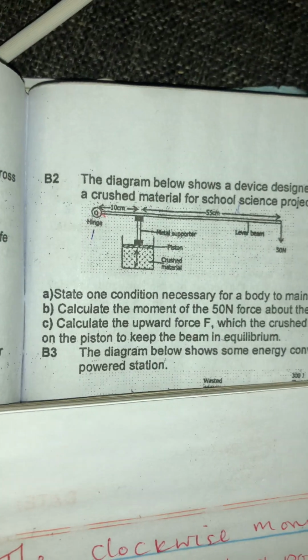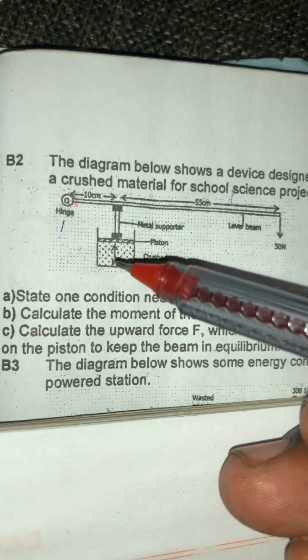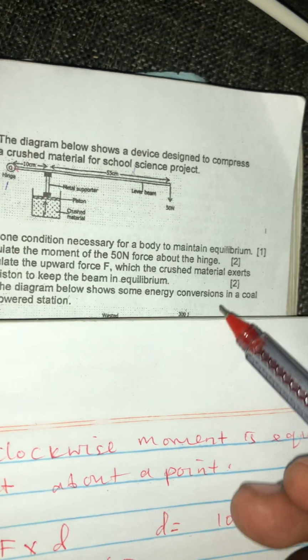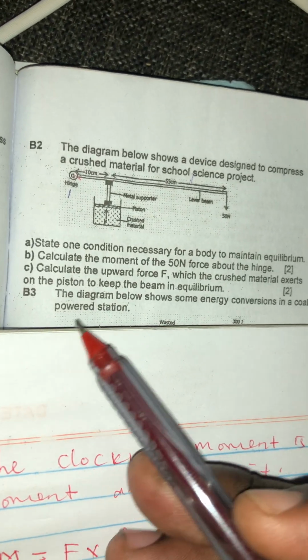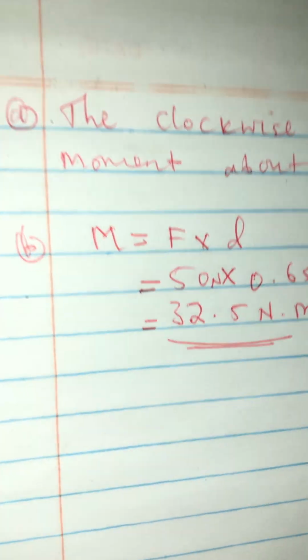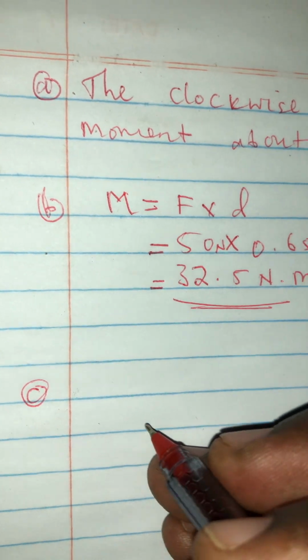Let's go to C. Calculate the upward force. As you can see, there is an arrow there showing an upward force which the crushed material exerts on the piston to keep the beam in equilibrium. So we're going to calculate the upward force. What are we going to do?